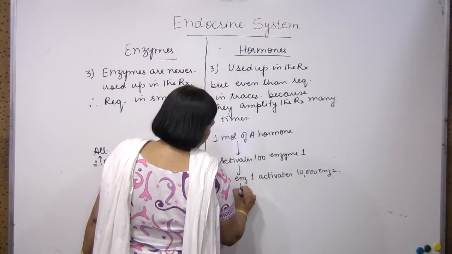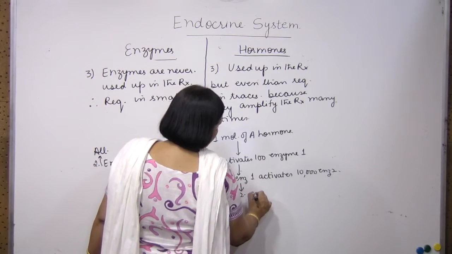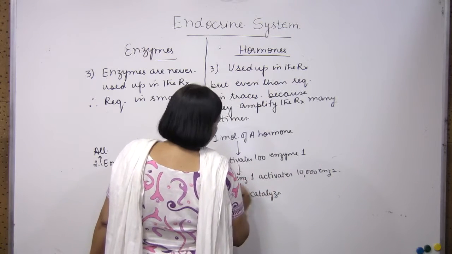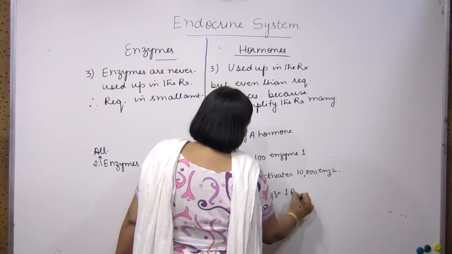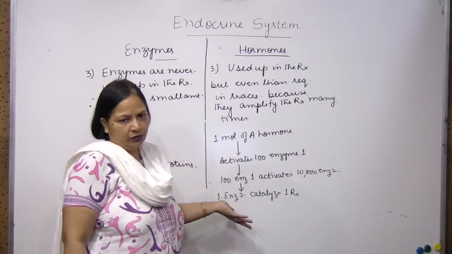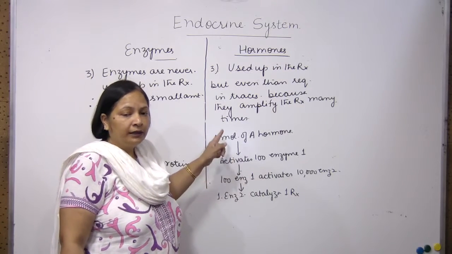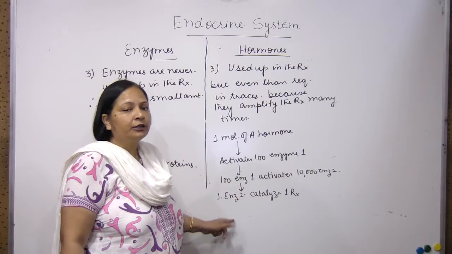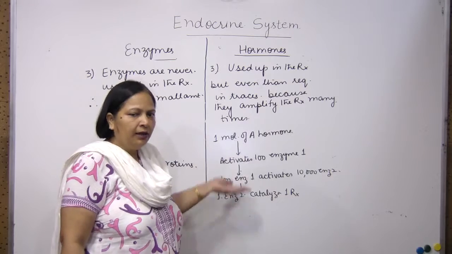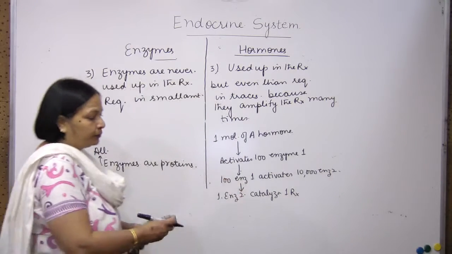This enzyme 2 catalyzes one reaction each, so 10,000 enzyme 2 catalyze 10,000 reactions. So one molecule of hormone results in how many reactions? 10,000 reactions. So you can see how they amplify the reactions.